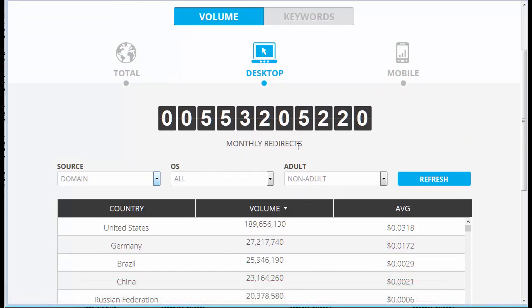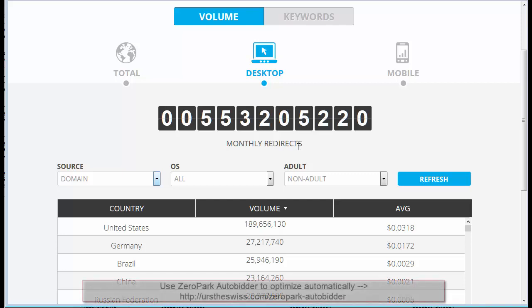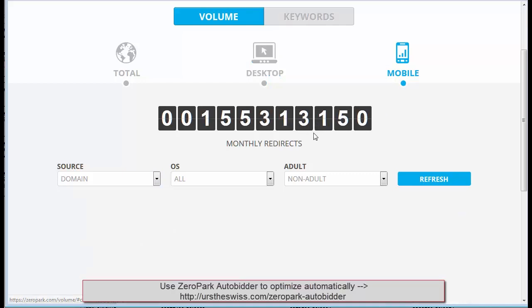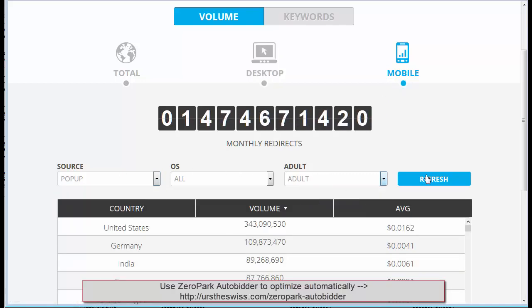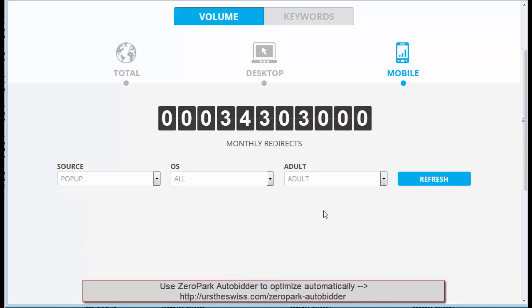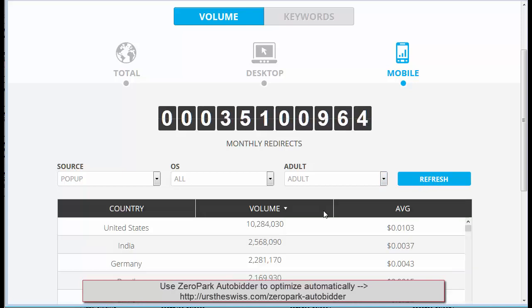That gives you in the end per line, per country, 8 volume numbers and 8 pricing numbers that are very well analyzable and viewable, so you don't have to go through the trouble of filtering according to what it is that you need: mobile, pop-up, non-adult, adult, refresh. It takes a while, so this can be a pain if you have to do it for many countries. Anyway, I think it's worthwhile information.